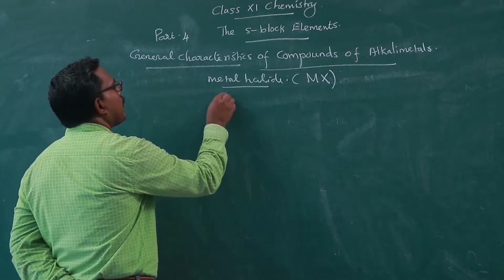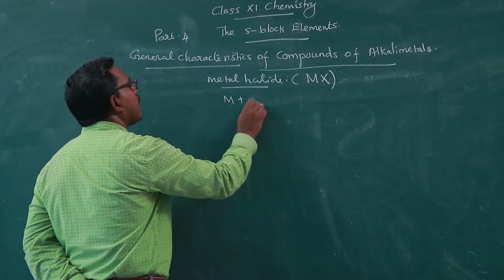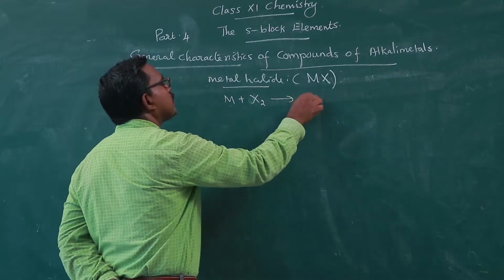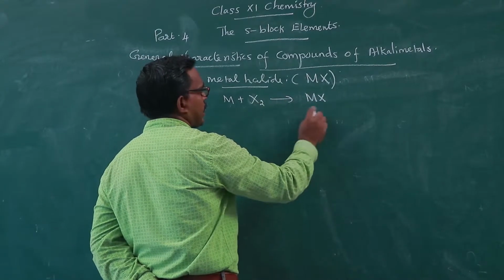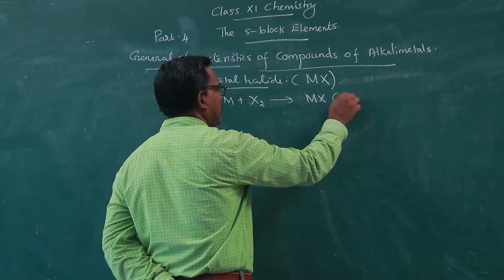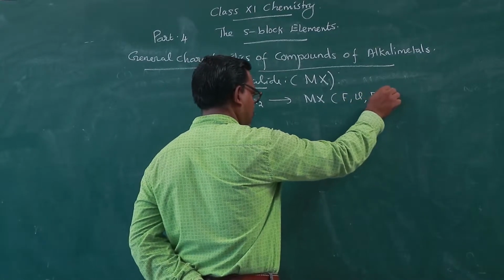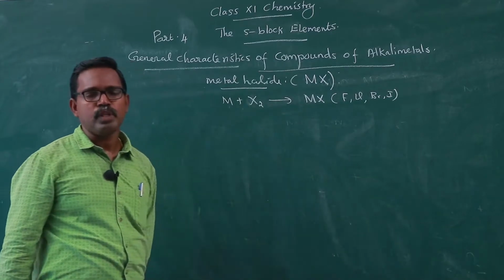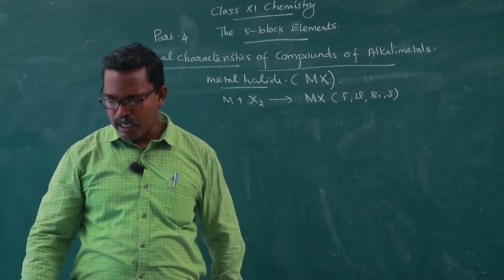For example, metal reacts with the halogen X2 to give MX, where X is fluorine, chlorine, bromine or iodine.